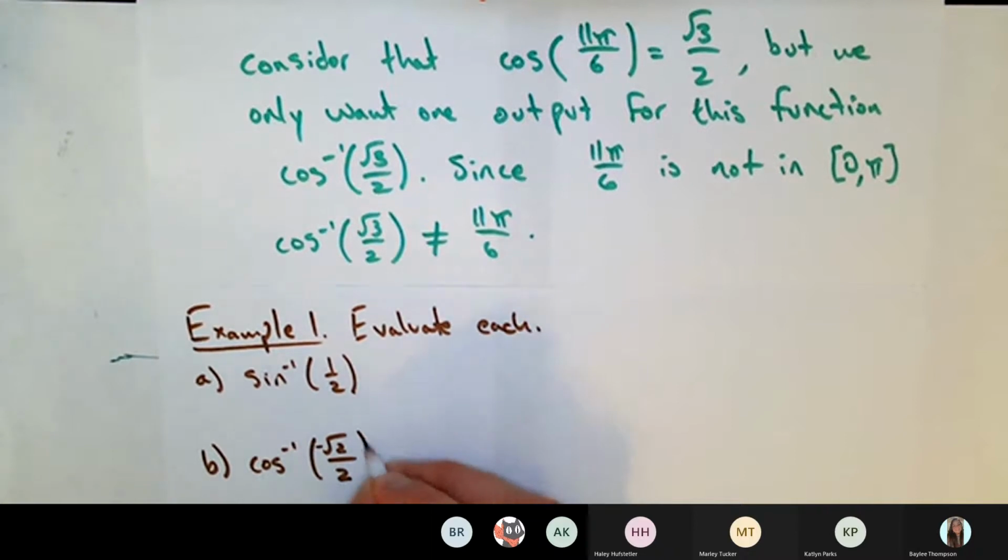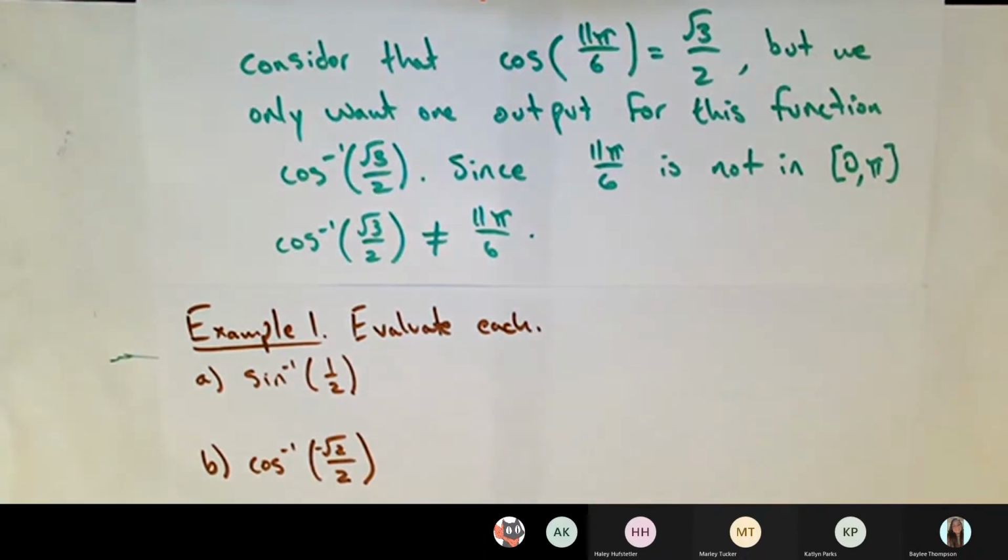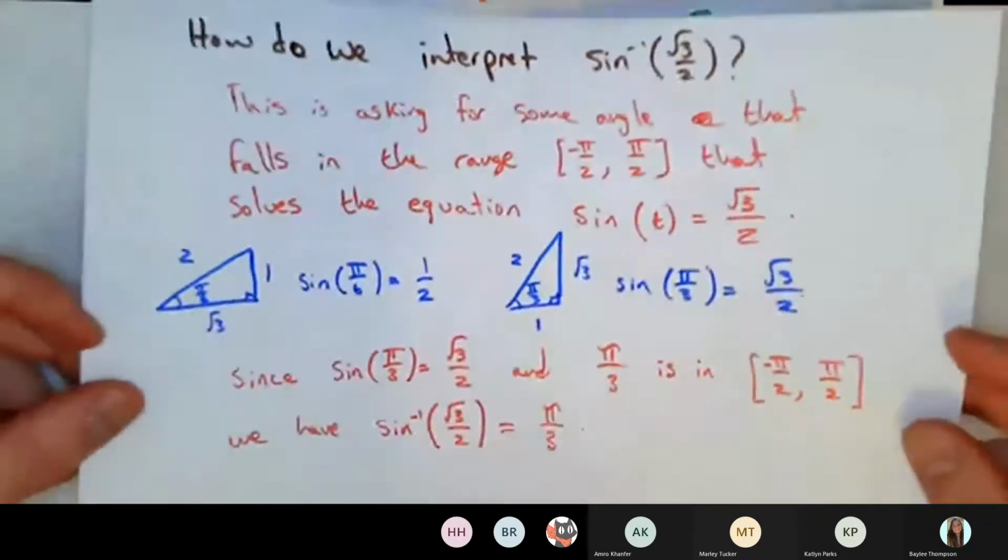Let's make that negative. Okay. So I'm thinking of an angle where sine of that angle yields 1/2. Any ideas? What about these reference triangles will help here, right?